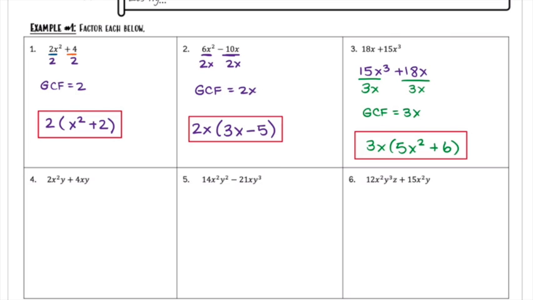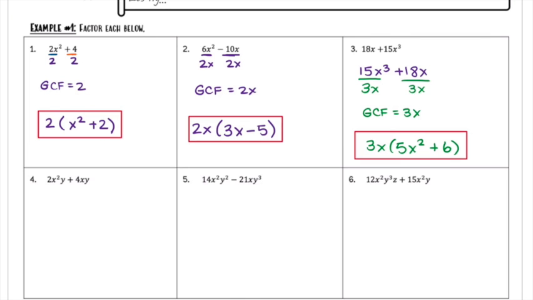My GCF for number 3 is 3x. I divide each of these terms by that 3x. That GCF comes in front and I am left inside the parentheses with 5x squared plus 6. So don't forget, when we are factoring, I am undistributing. If I were to distribute back that 3x, I should get back the original problem.